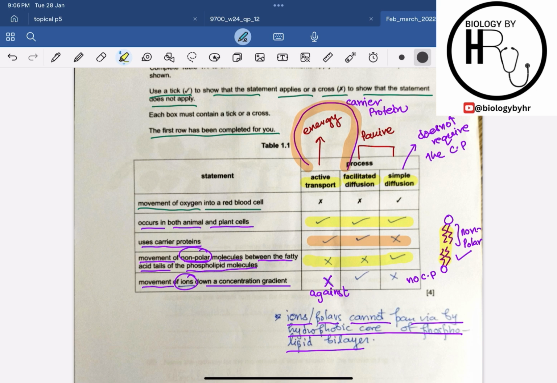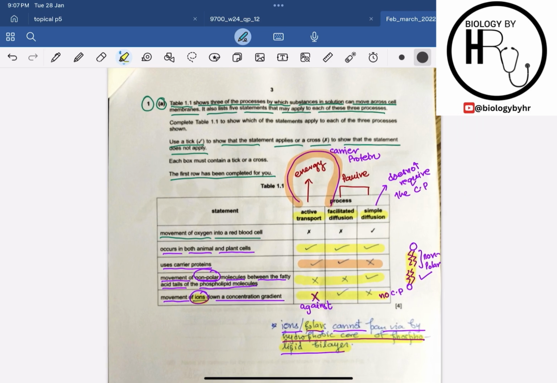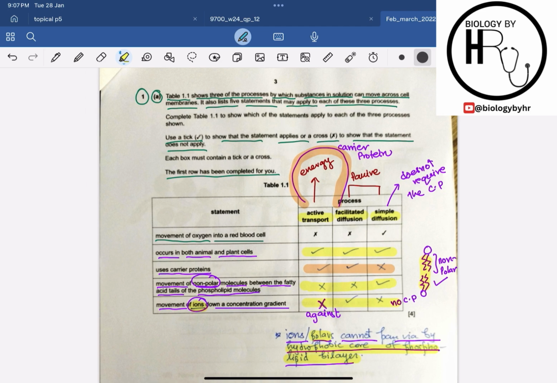So the ions, which are polar in nature, cannot pass through the hydrophobic core of the phospholipid bilayer by simple diffusion. Hence only facilitated diffusion can be used over here. I hope that this part of question number 1 is clear to all of you.